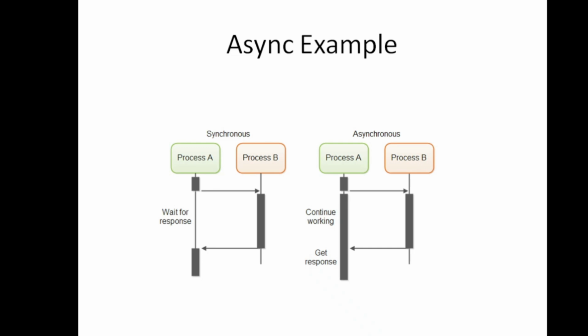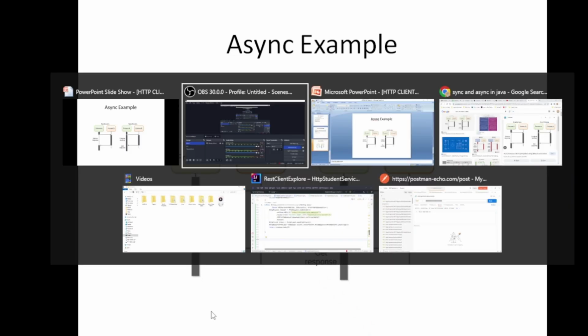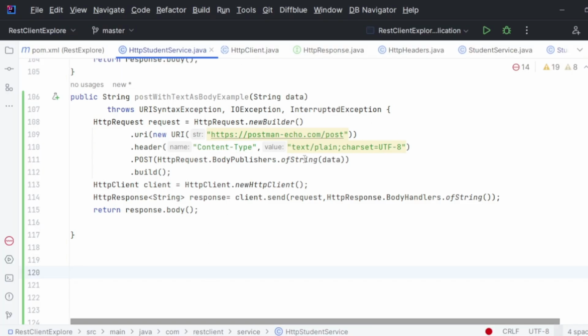So what is the difference between synchronous and asynchronous? Let's say there were two processes, A and B. In case of synchronous, we are using that send method. Let me show you that. Here we are using the send method.